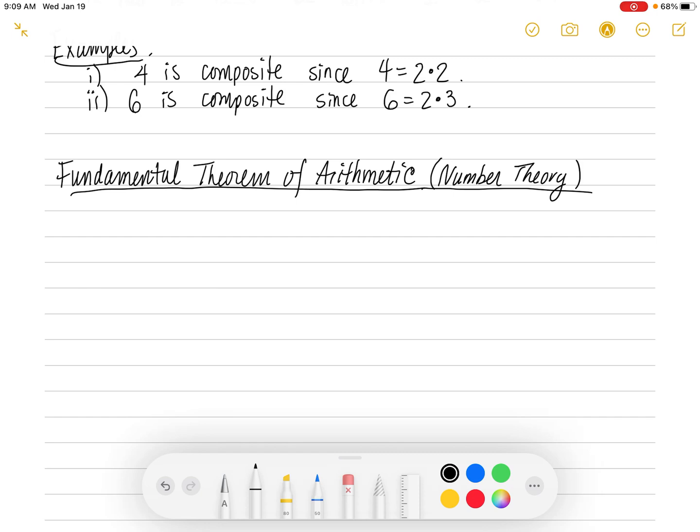So in number theory, we're going to do the strong version of the fundamental theorem of arithmetic. There are different versions of it, but we'll state it this way.